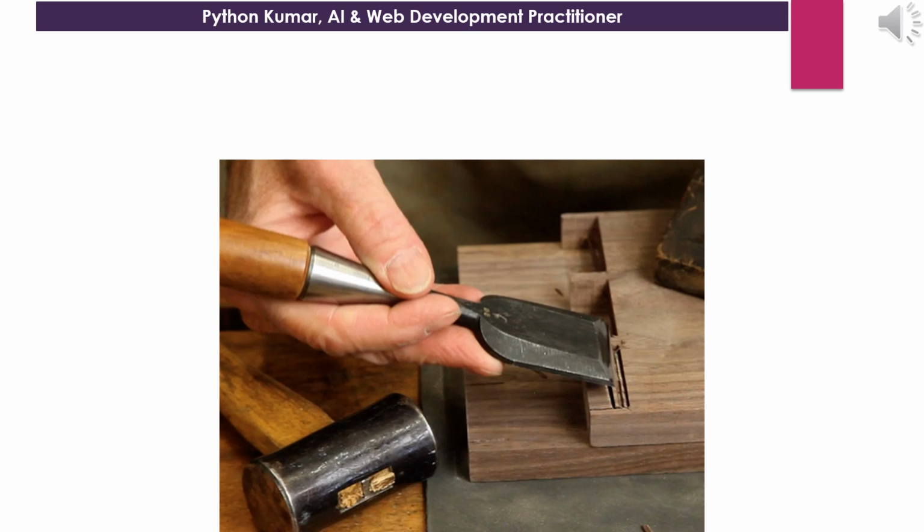So he had to hire a carpenter, and the carpenter chiseled the door, as you can see in the picture, so that it can fit in the space given. That is exactly what regularization does. It chisels off parts so that it can fit perfectly.